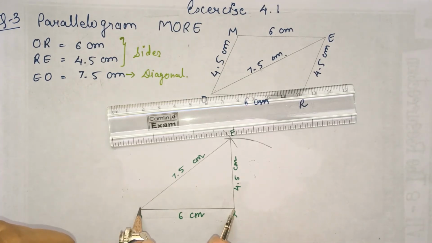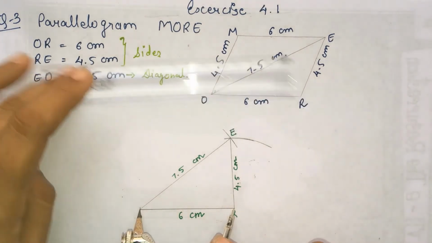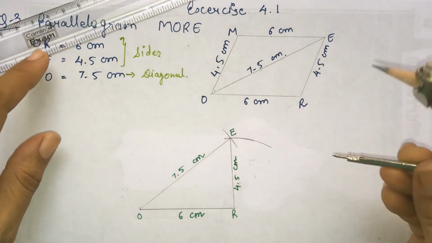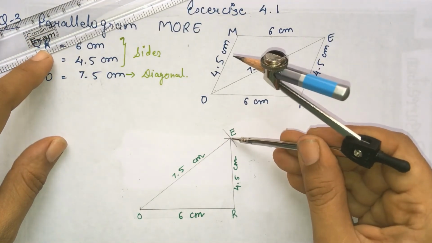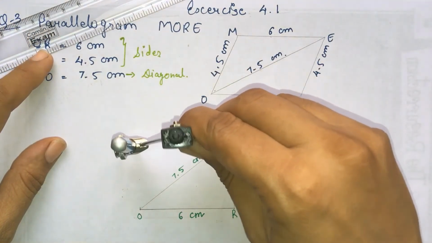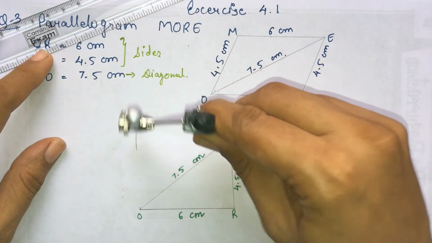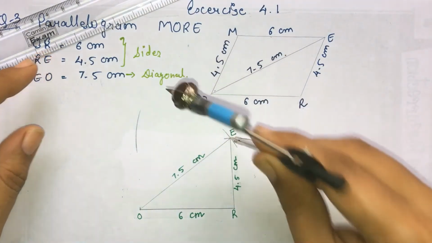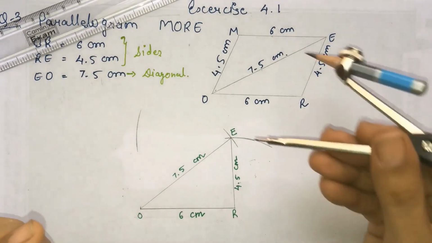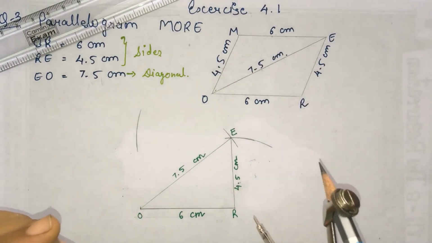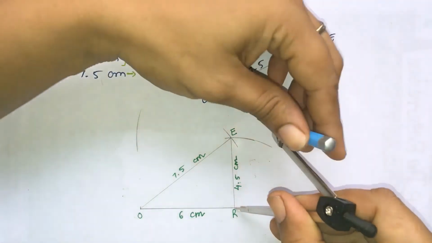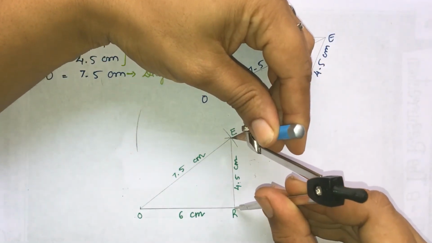This is the easier one, where we have already done with 6 centimeter. So this is my 6 centimeter radius. Now taking E as center, I'll draw an arc over here.